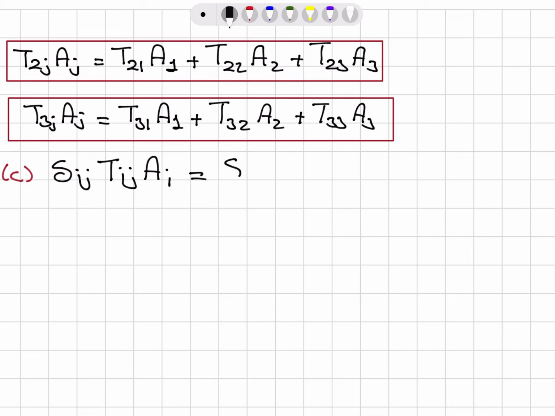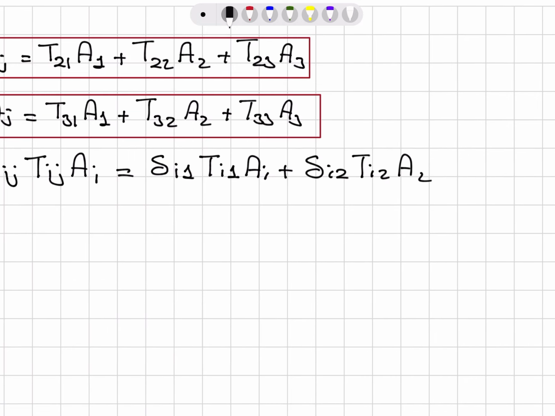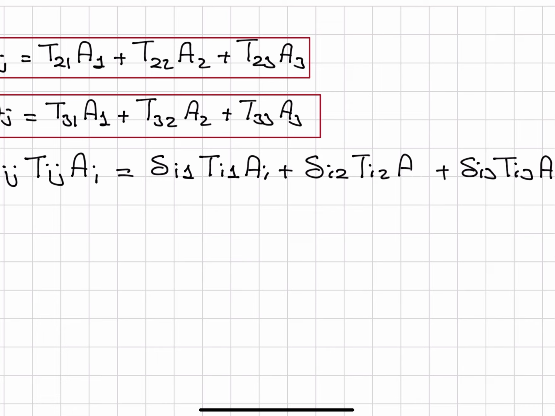This would, for example, imply delta i1 Ti1 Ai plus delta i2 Ti2 Ai plus delta i3 Ti3 Ai. So this was i, not j, so this is Ai.